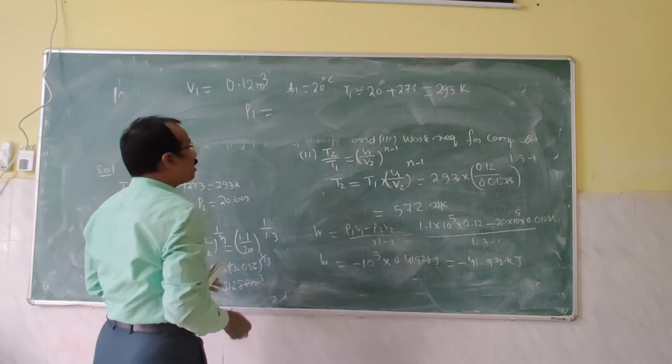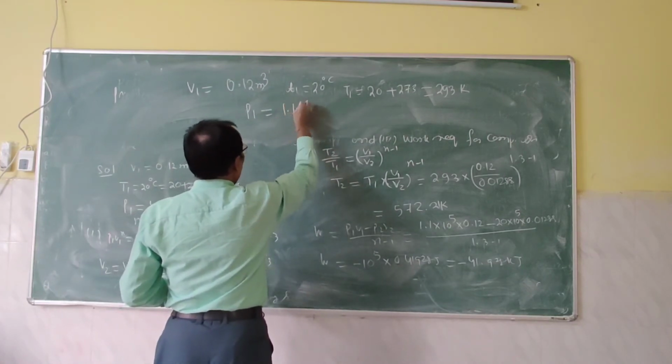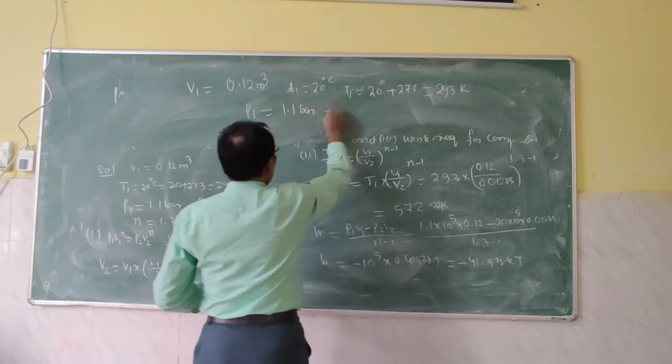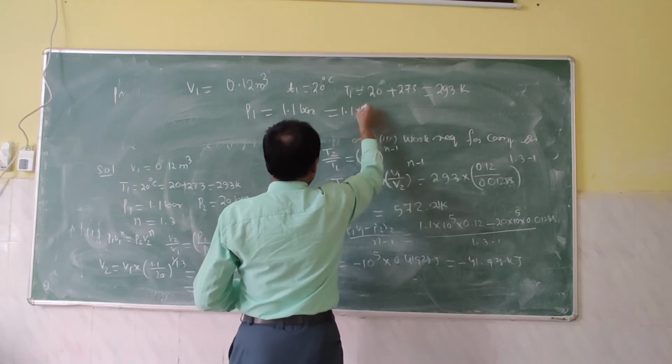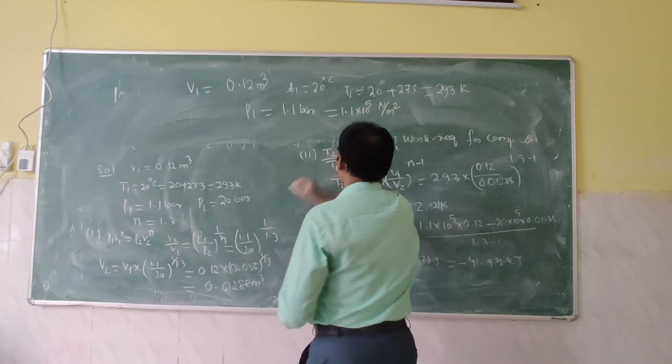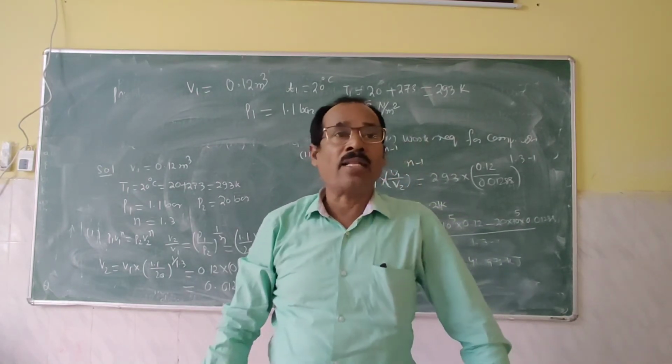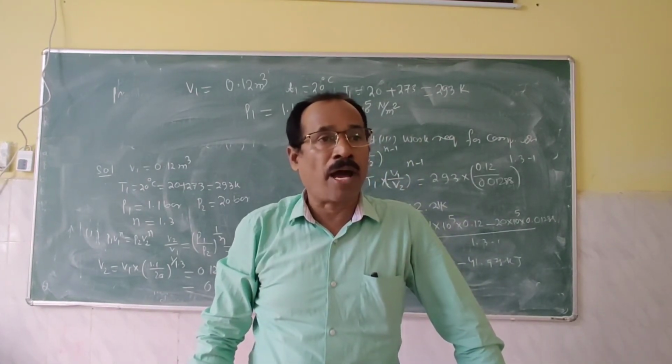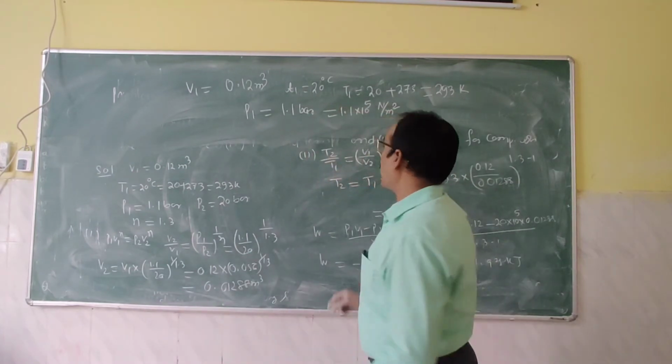P1 initial pressure is equal to 1.1 bar is equal to 1.1 into 10 to the 5 Newton per meter square, because 1 bar is equal to 10 to the 5 Newton per meter square.